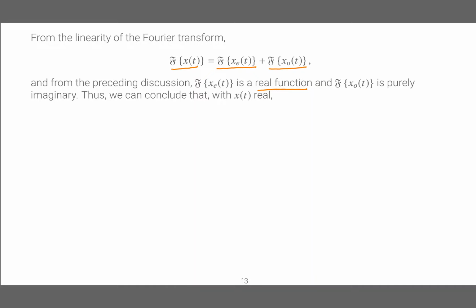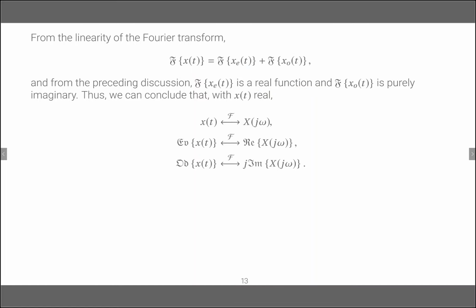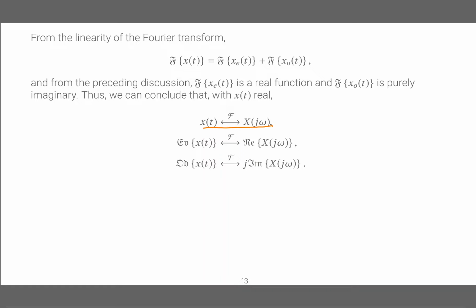Thus, we can conclude that with x(t) real, x(t) has a Fourier transform X(j omega); the even part of x(t) has the Fourier transform of the real part of X(j omega), and the odd part of x(t) has the Fourier transform j times the imaginary part of X(j omega).